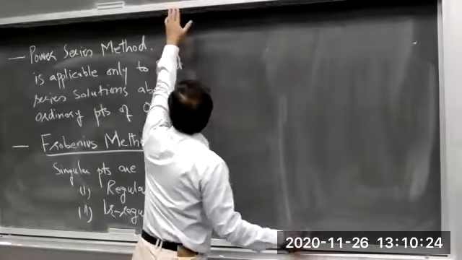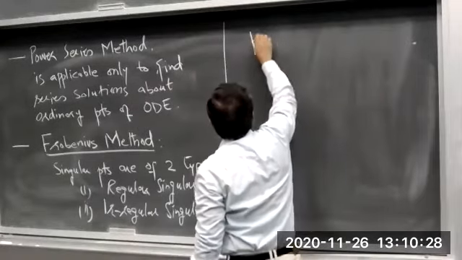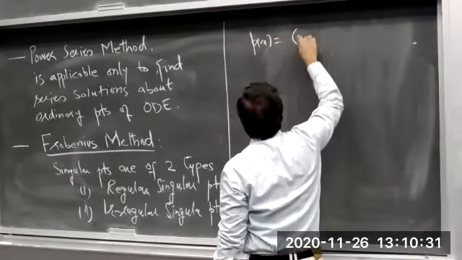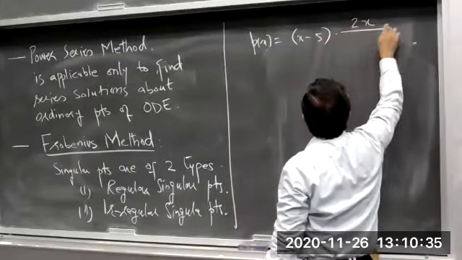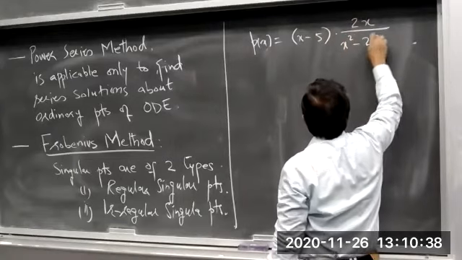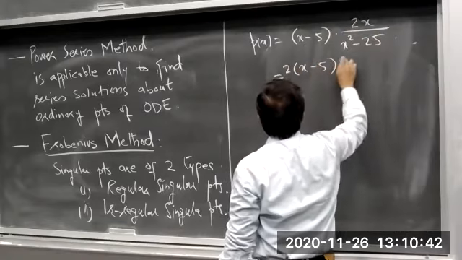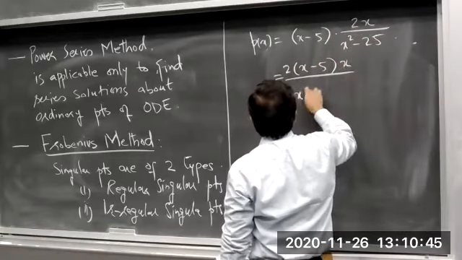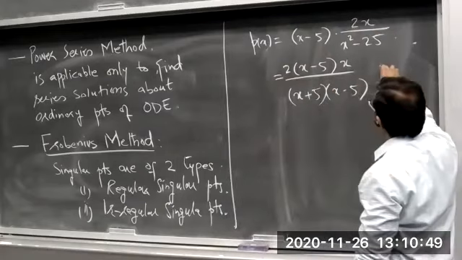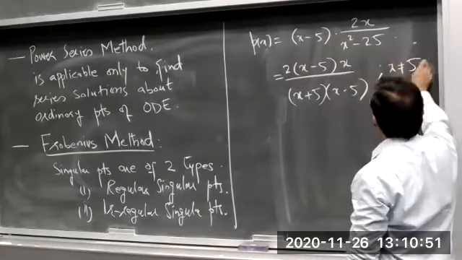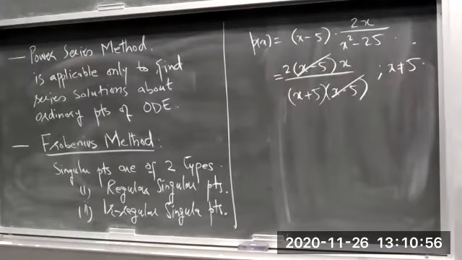Let's check them. Okay. यहाँ पे small p of x आपके पास क्या हो जाएगा? It is what? X minus 5 times capital P of x is into 2 times x divided by x square minus 25. ठीक है. अगर आप यहाँ पे देखें x minus 5 into 2 into x divided by x plus 5 into x minus 5, ठीक है. अब यहाँ पे हम कहेंगे x is not equal to 5 और x minus 5 कैंसिल हो जाएगा, ठीक है.